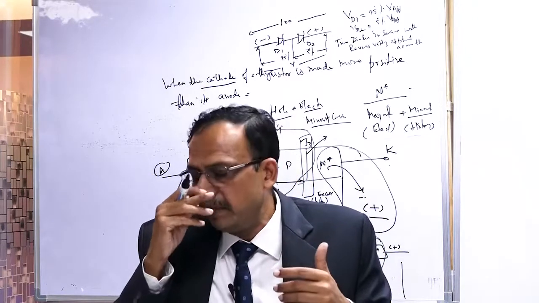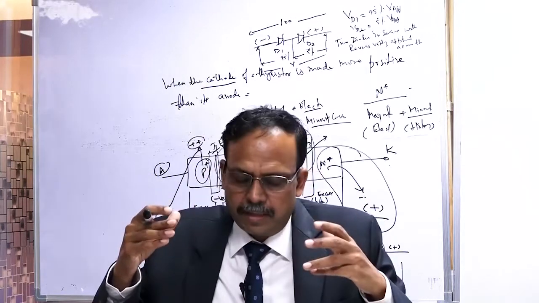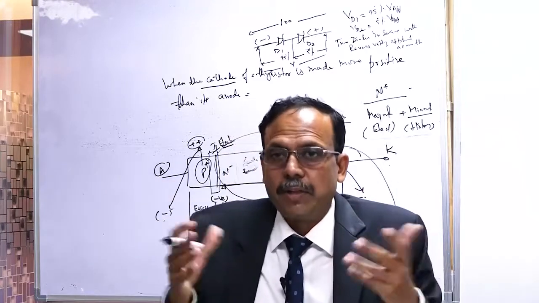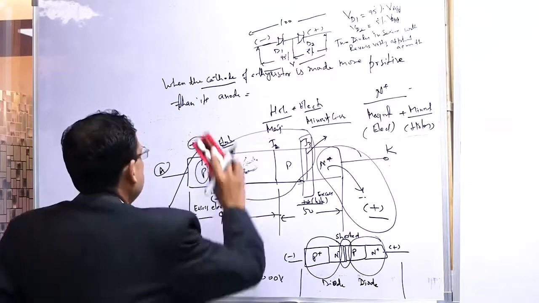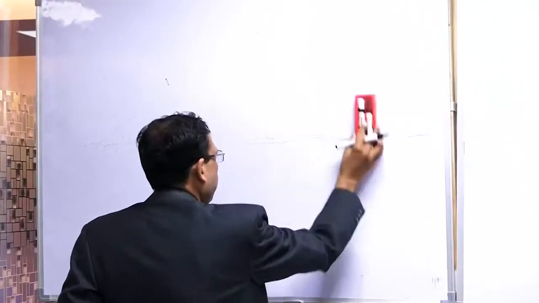Now when the thyristor is forward biased, how does the structure look? Now we are going to study that, the same thing, when the thyristor is forward biased.